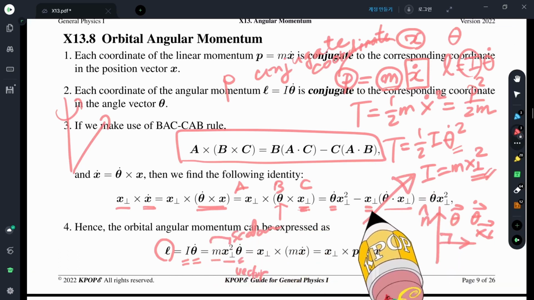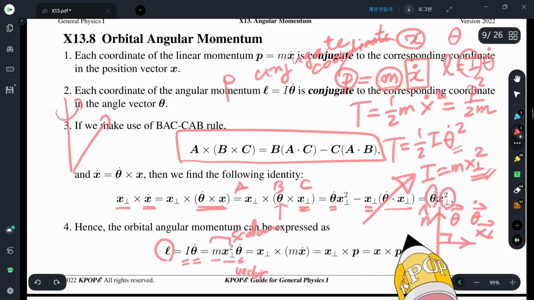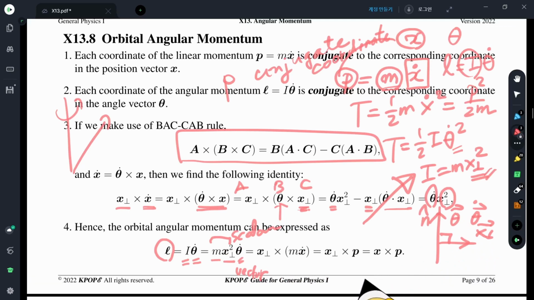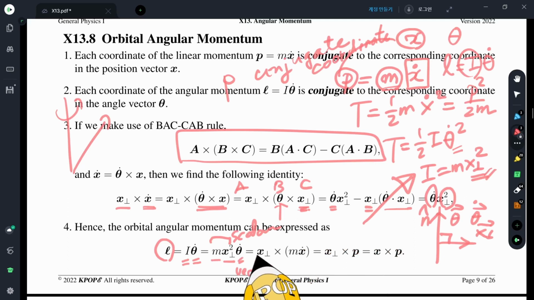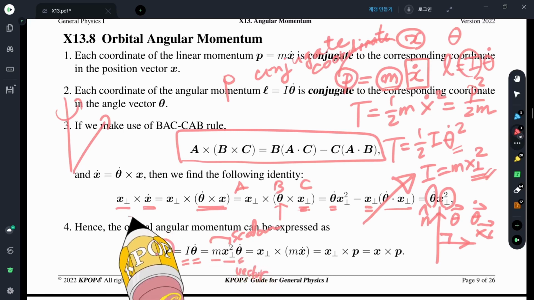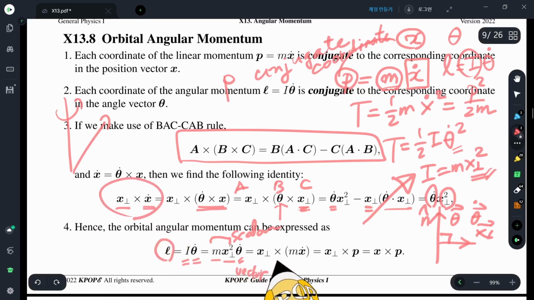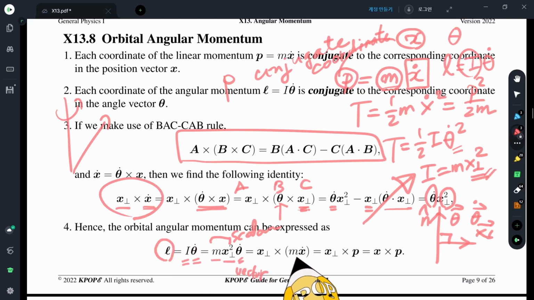The only contribution is theta dot multiplied by x perp squared. If we substitute this result in here, theta dot multiplied by lever arm squared is replaced with x perp cross x dot, where m is carried in here.